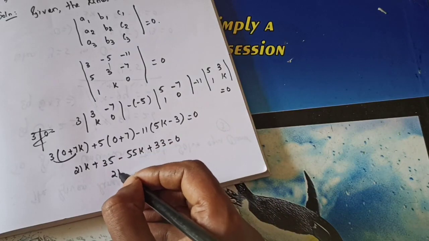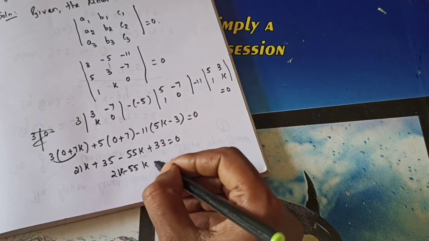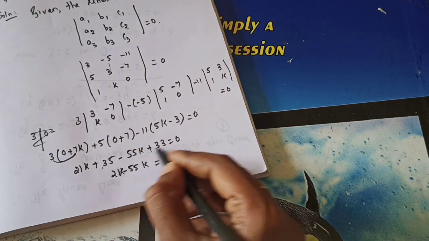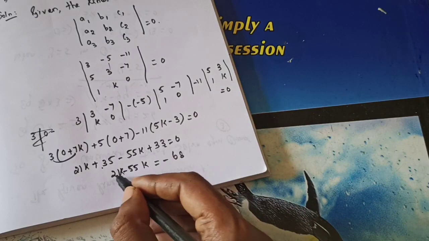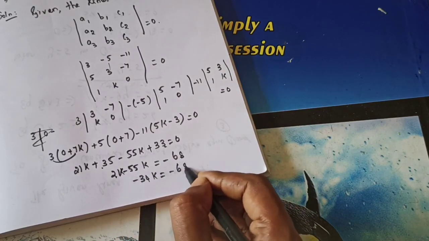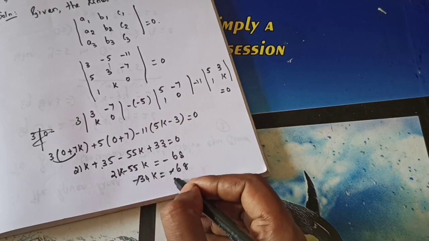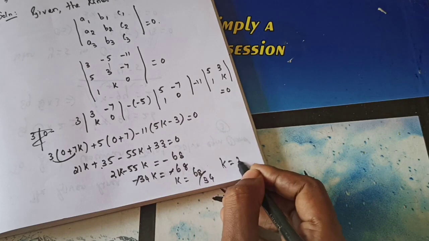K terms you can keep this side, remaining that side. 21k minus 55k is equal to, if you add these 2 you will get 68, so minus 68. If you subtract this you will get minus 34k is equal to minus 68. So k is equal to 68 by 34. So k equal to 2 is the answer.